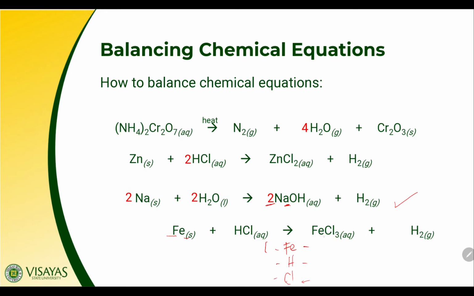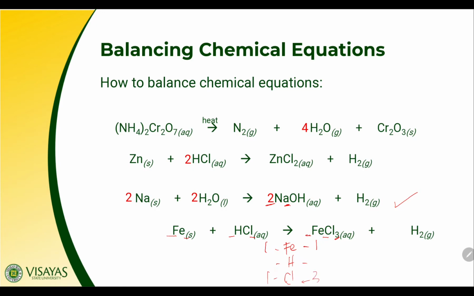On the right side of the equation, we have 1 times 1, so we have 1. Next, we move to chlorine. On the left side, we have 1 times 1, so we have 1 chlorine atom. On the right side, we have 3 times 1, we have 3.